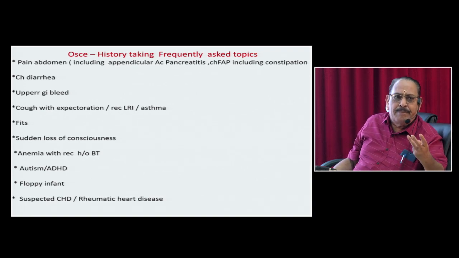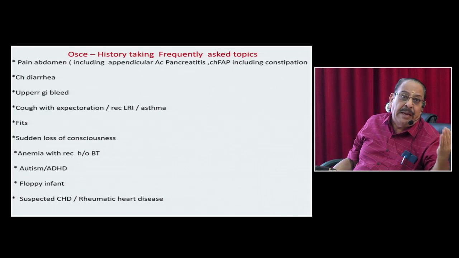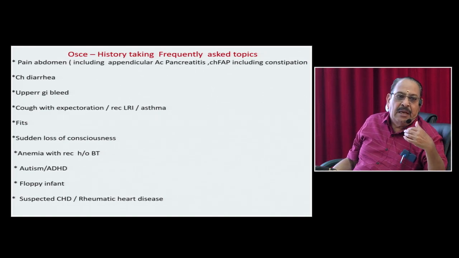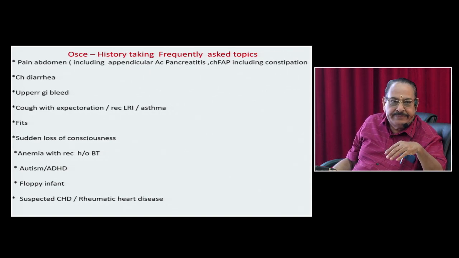The second, copious bilious vomiting, GI bleed, marked anemia, severe diarrhea. Loss of weight is not voluntary, it is involuntary weight loss. Then persistent fever, significant posturing of the child due to pain constantly.